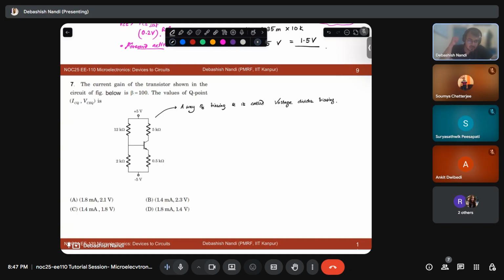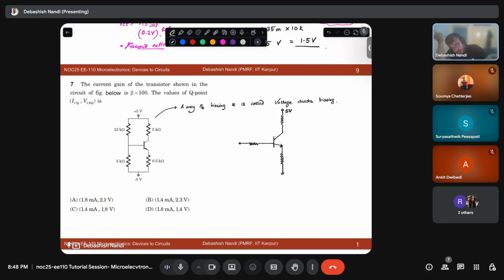So how do we analyze this kind of circuit? We are familiar with this form, right? If anybody gives us this, we can easily solve it.